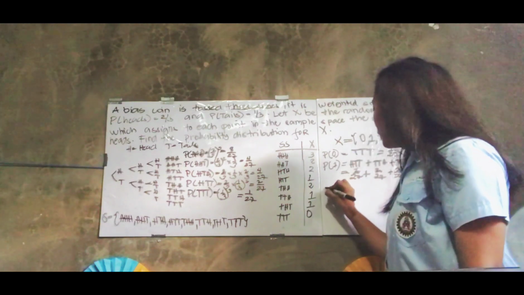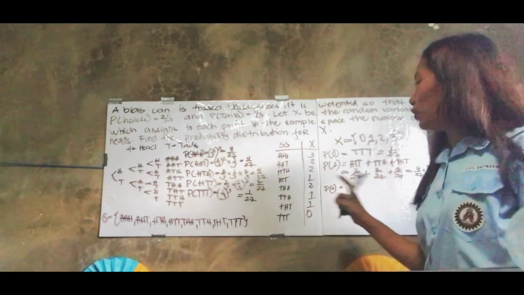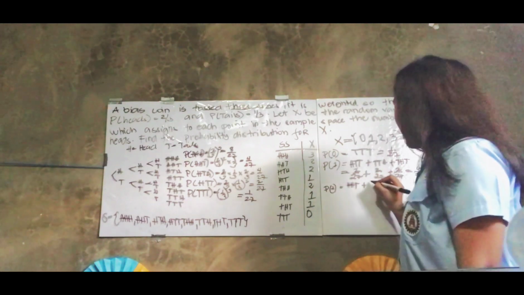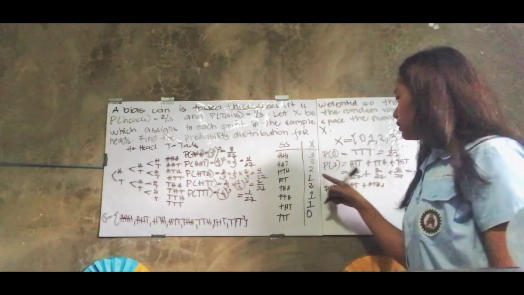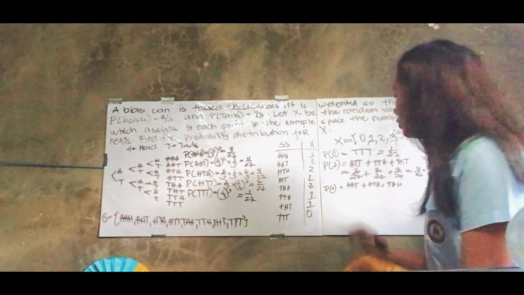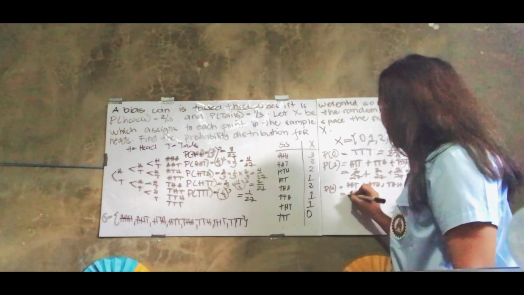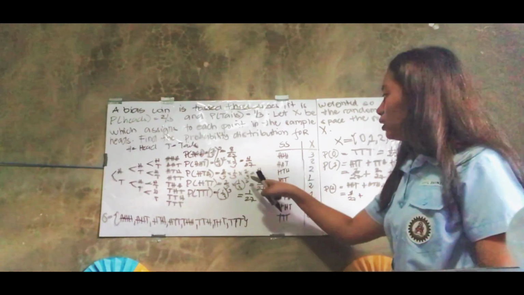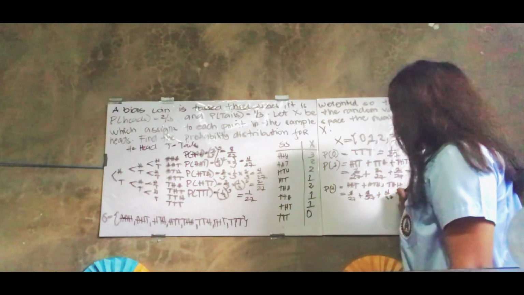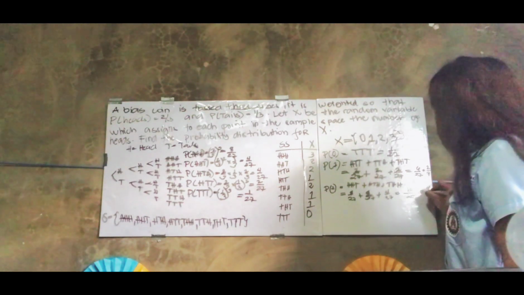For the probability of the random variable 2, we add HHT plus HTH plus THH. So we have 4 over 27 plus 4 over 27 plus 4 over 27, equal to 12 over 27, or 4 over 9.